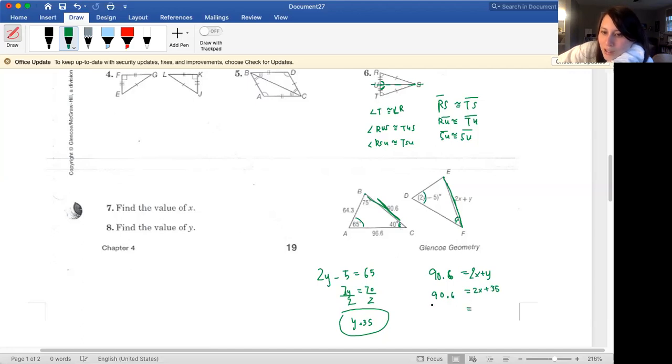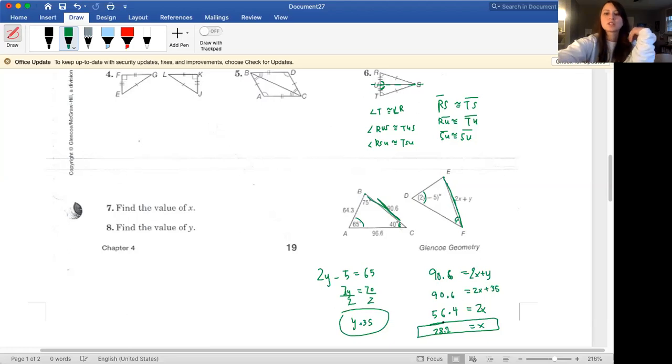Now I'm going to subtract 35 from both sides. So I've got 0.4 here. And then this would be 56, right? 56. And then I have 2x. So divide on both sides. That would be 28.2 is the answer for x.